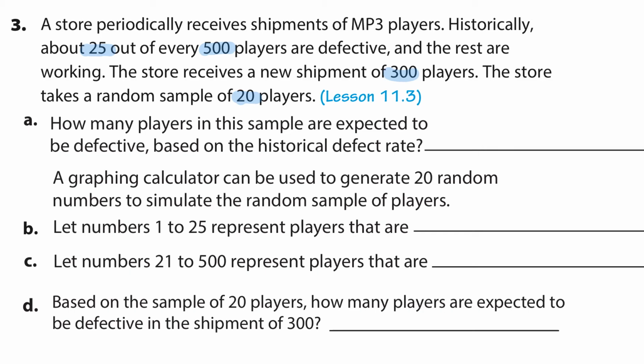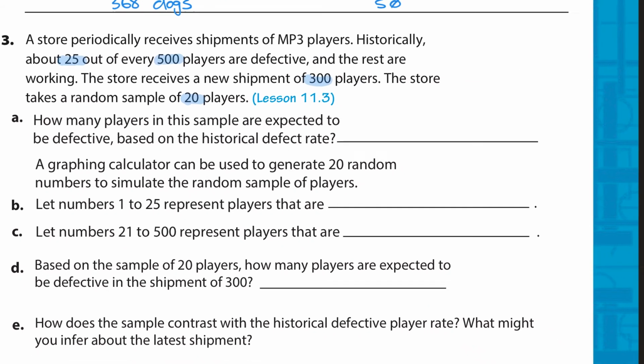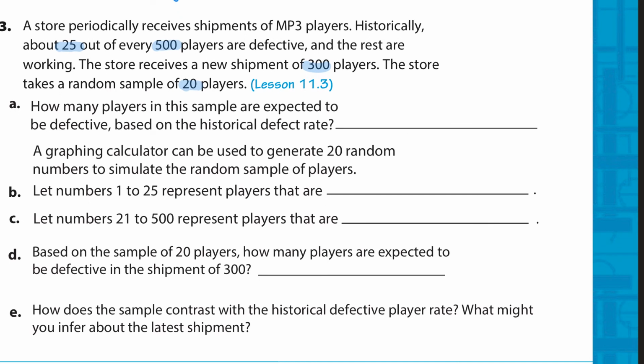Okay, well, let's see. I'm going to make this a little bit smaller so I have some room to work here. So historically, 25 out of the 500 players are defective. So let's see. That is 1 out of. Oh, okay. Actually, I don't have to do it that way. I could do it this way. So how many out of a random sample of 20?